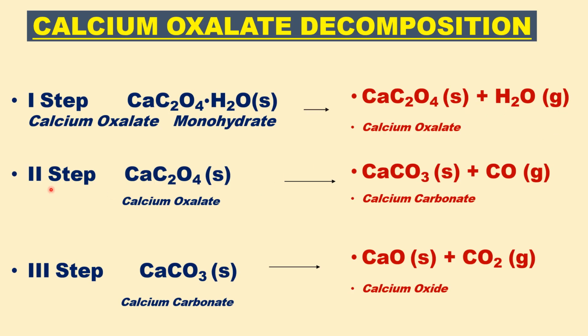In the second step, carbon monoxide is released to give calcium carbonate. In the third step, calcium carbonate is decomposed to give calcium oxide in the solid state plus carbon dioxide gas.